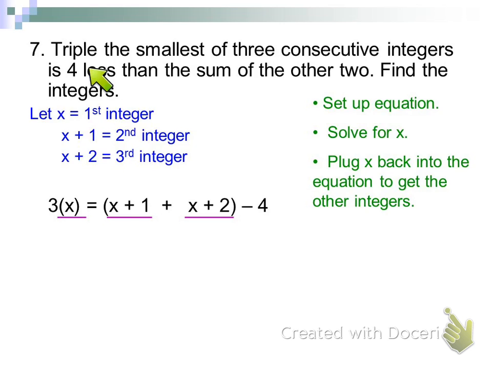Okay, so we have 3 consecutive integers, right? The first one I'm calling x. The second one I'm calling x plus 1. The third one I'm calling x plus 2. I want triple the smallest. The smallest one would be the first integer, right? So 3 times x.